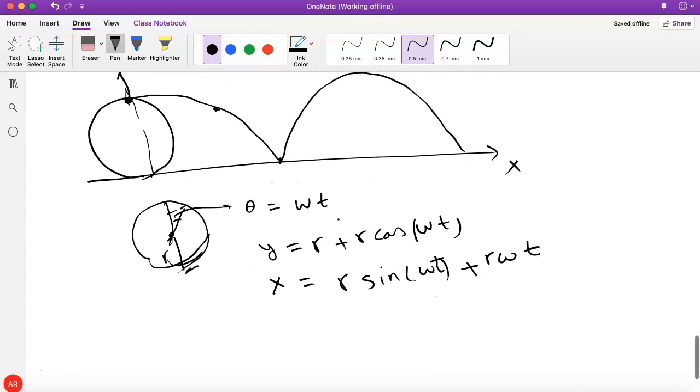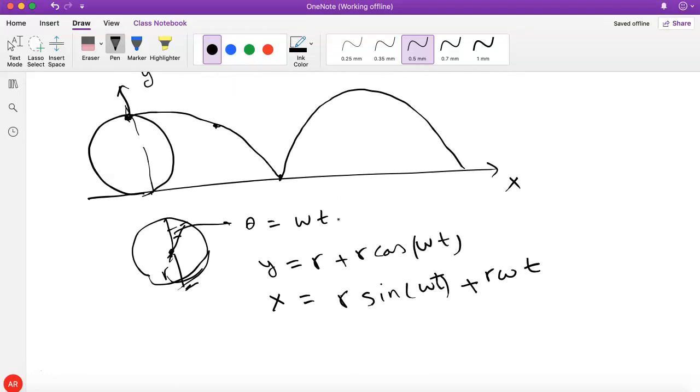There are a few other observations about rolling without slipping. Suppose, as you go from here to here, this point, let me indicate it with a star, now the wheel is here, and that point has come down all the way here, right? As this has happened, clearly you've rotated by an angle pi.